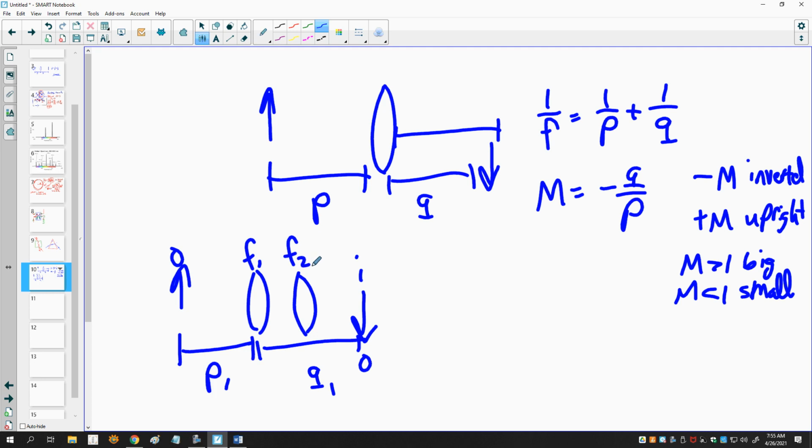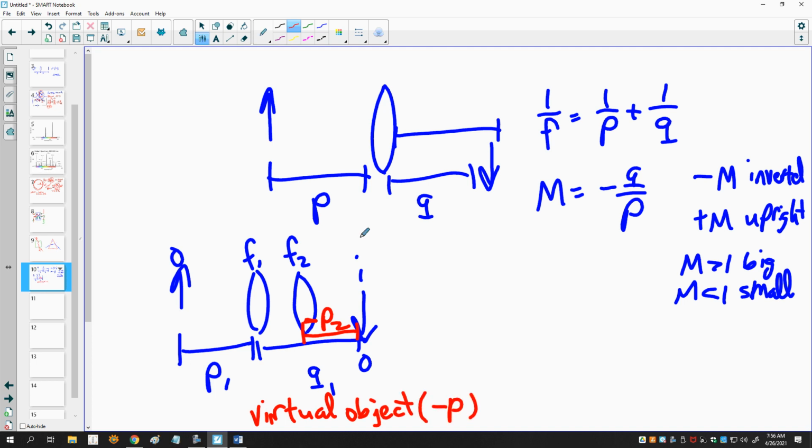Now, let's first say, what if my second lens is right here? This is F2, and this is the way that you did it in lab, and it's probably the way that I'm going to do it in class for this question. This is your object distance P2, but please recognize that when the object is on the right-hand side of the lens, this object distance is negative. This is called a virtual object, and it has a negative object distance.